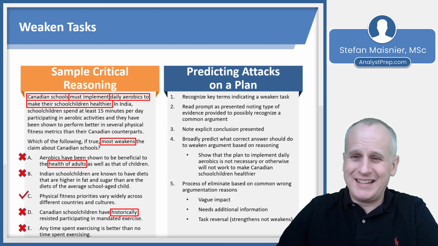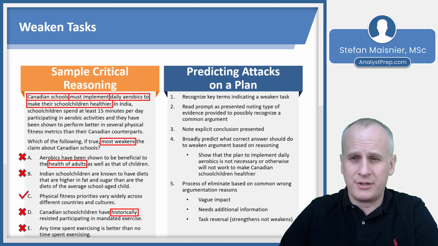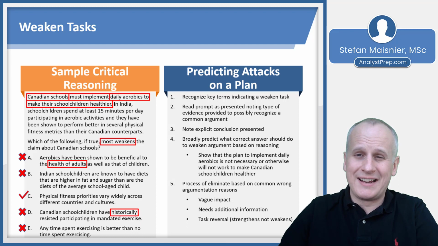So choice C addresses a specific reason that the plan doesn't seem like it's going to work, may not even be necessary because we don't know whether the Canadian schools are going to prioritize those physical fitness metrics that the Indian schools perform better in. So we can select choice C for basically finding an analogy assumption to attack within the plan.